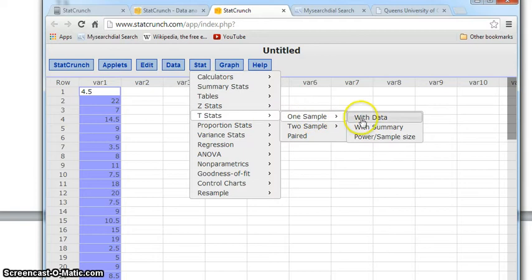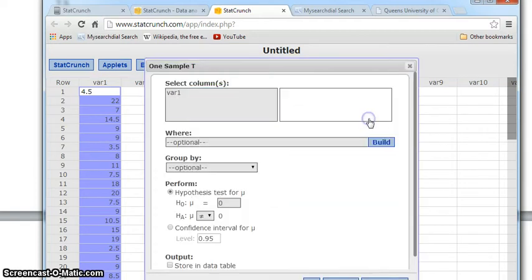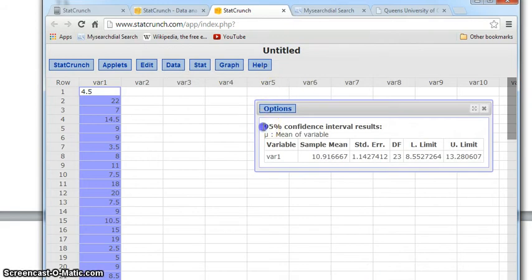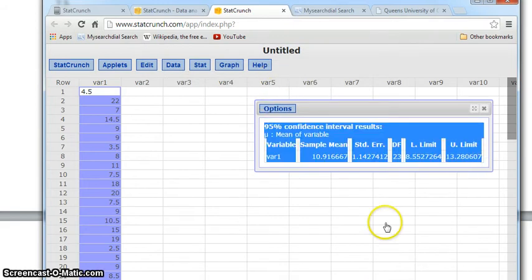T stats, one sample with data, variable 1, and we want a 95% confidence interval for mu. So we'll compute, and that's our answer. We'll copy it and paste it over.